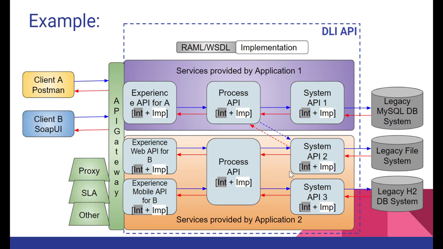So API gateway provides an extra level of security, also SLA based controlling. SLA is service level agreement. That means suppose there is some application, and you have purchased a package which allows only five requests in a particular minute.